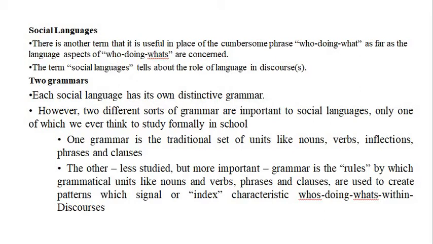Students, first we discuss social languages and their role in text and context, their role to understand the context of a text. Students, there is a term that is useful in place of the phrase "who's doing what" as far as the language aspects of who's doing words are concerned, remembering that in reality language is caught up with other stuff in discourses.